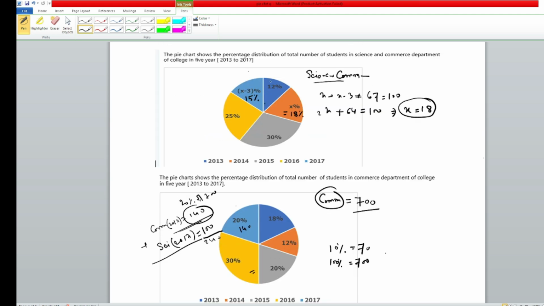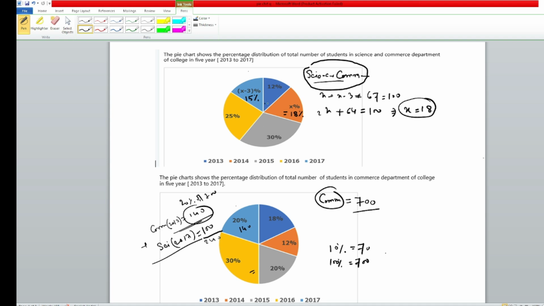Because the first pie chart is talking about science and commerce. This is the pie chart of science and commerce students. So in 2017, science plus commerce students combined is 240.